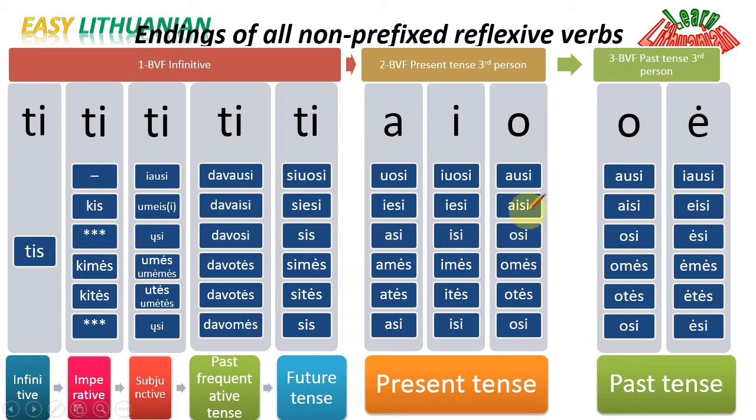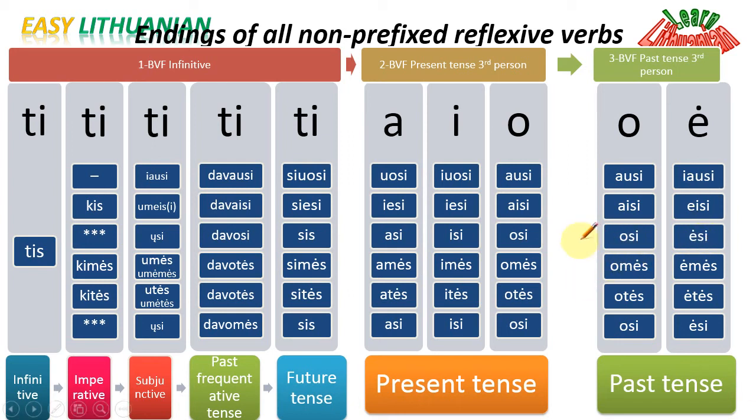So those forms remain unchanged. The endings do not change for the basic verbs. For the second basic verb form and for the third basic verb form, you only add se. So you get prausiasi, or ilsisi is having a rest, or klausosi is listening. So prausėsi, was washing, was having a bath.